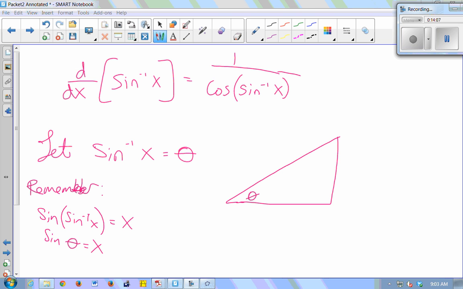All right, so I go to my triangle. Here's theta. The sine of theta is x, which is opposite over hypotenuse. So let's let this be x and this be 1. Opposite over hypotenuse, so sine theta is x. And then I can use the Pythagorean theorem to get the third side. So the third side would be the square root of 1 minus x squared. This thing squared plus x squared has to give you 1 squared. Solve for the missing side.